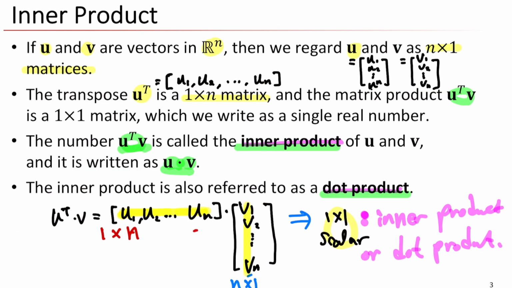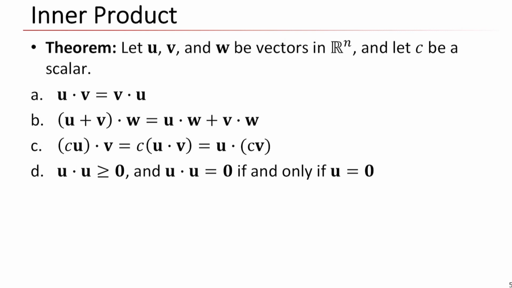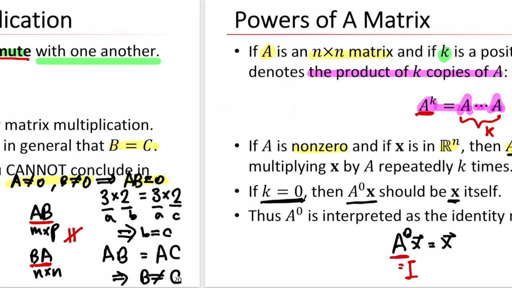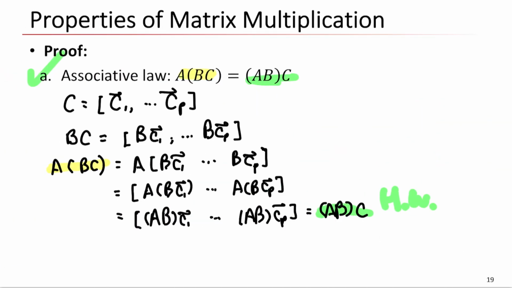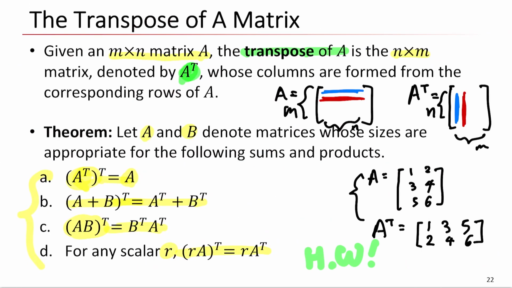Because the inner product is defined with the matrix transpose, it has similar properties to the matrix transpose. For example, if we go back to our lecture 5.1 here, we discussed matrix multiplication properties and matrix transpose properties, something like this, right?